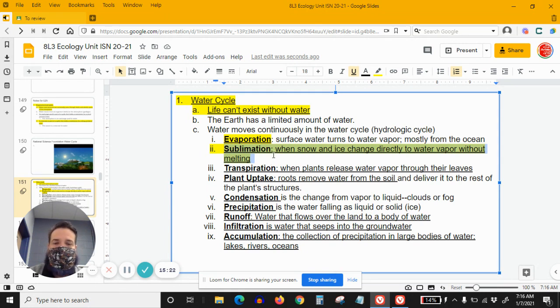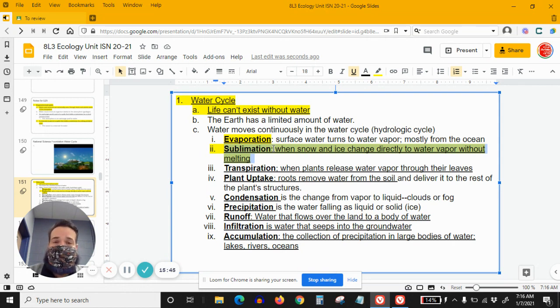I'm sorry. That's wrong. I am wrong. You didn't catch it. You didn't catch it. You pay attention, man. I was wrong totally on purpose. Yes, I was wrong on purpose. Sublimation is when snow and ice changes directly to a water vapor, to a gas.